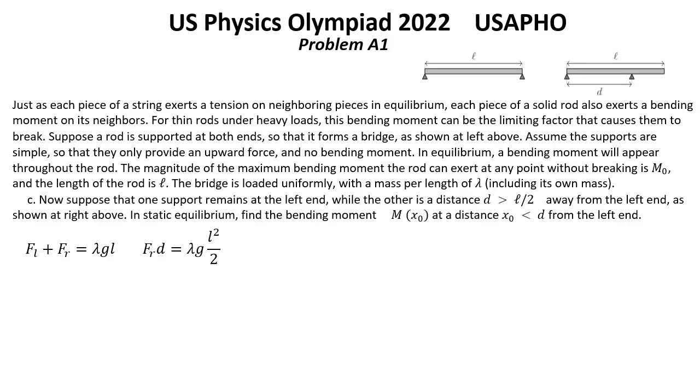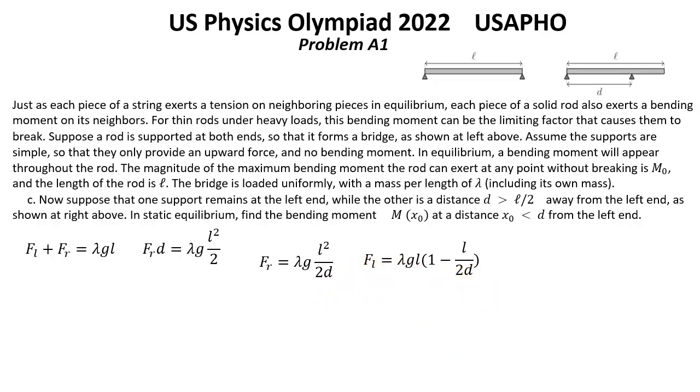We have torque from the right support equal to Fr multiplied by d, and that's equal to the torque from all the weight, which is lambda gL squared over 2. From here we can find that Fr equals this expression and Fl equals this expression.